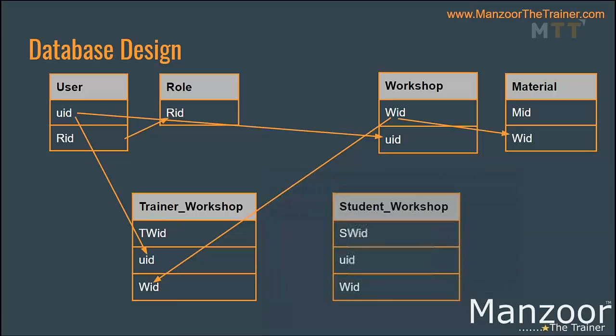Workshop same. Student, again the same user table, but this time the user ID is of a student. Workshop. This is a more mature database structure. So here we have introduced the concept of roles and users. I hope you have understood this.